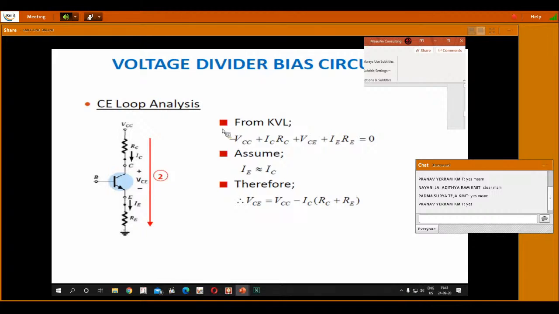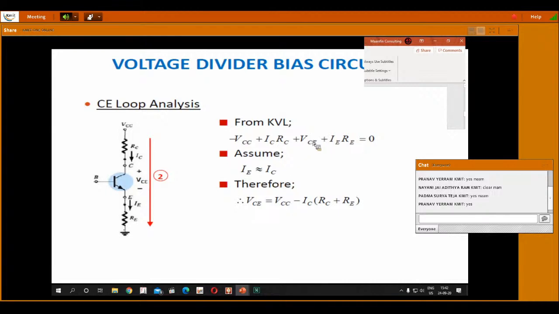Next, CE loop analysis, the output loop analysis, we are doing. Now minus VCC plus IC RC plus VCE plus IE into RE. As we already know, if I ignore the base current, IE is approximately equal to IC.